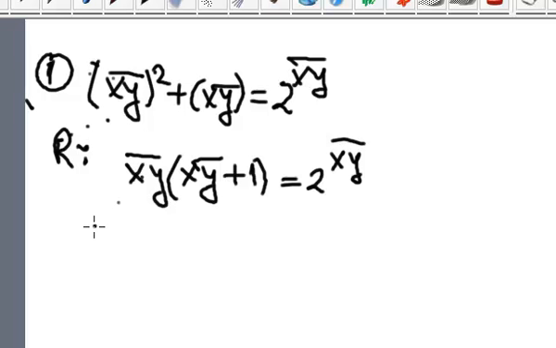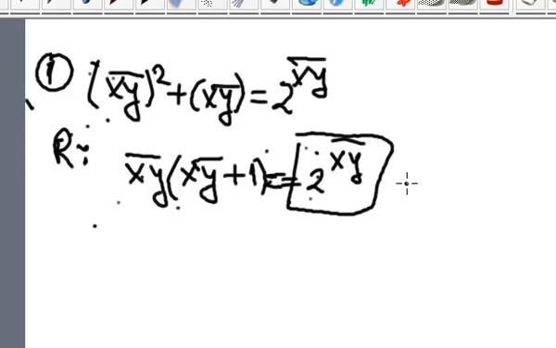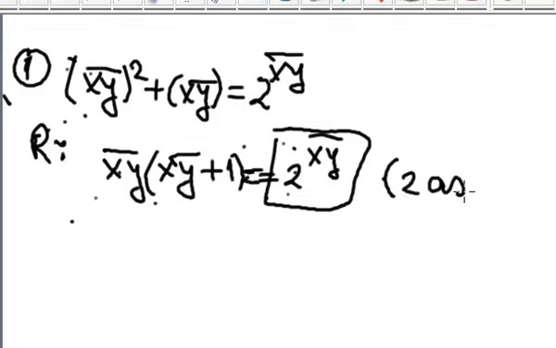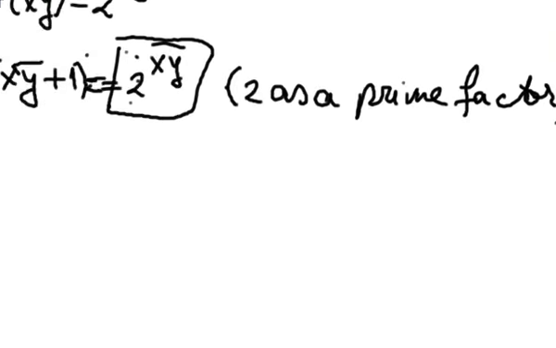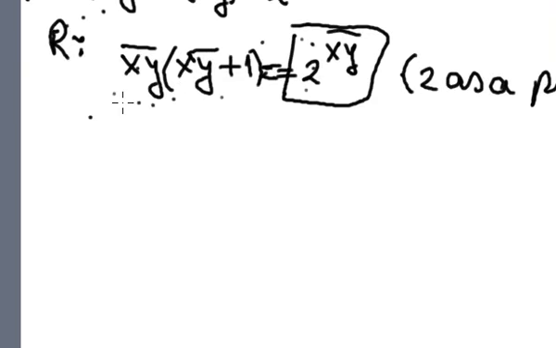We see that the right term has only 2 as a prime factor, but between these two numbers xy and xy + 1, one of them is odd, so it has an odd prime divisor. Let's call it p.